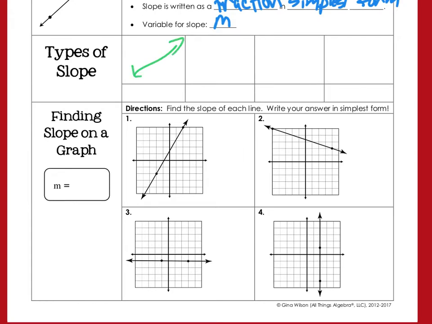It's supposed to be a straight line, but this is a positive slope. I'm not liking how thick this is. That's a positive slope. And then, of course, to counter that, we have this kind of slope, which is, of course, negative.